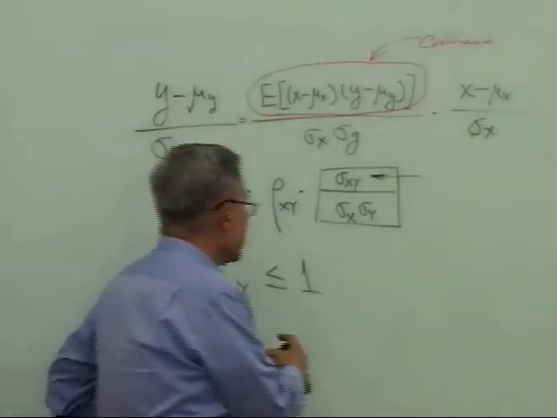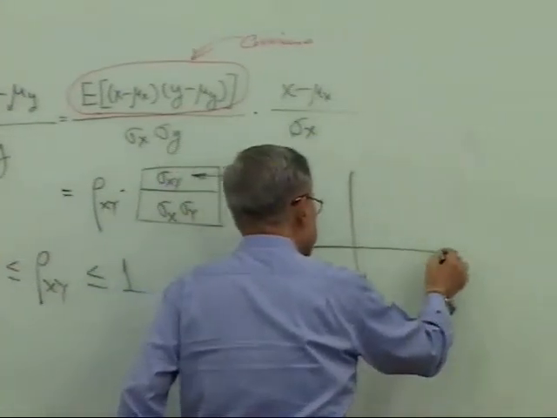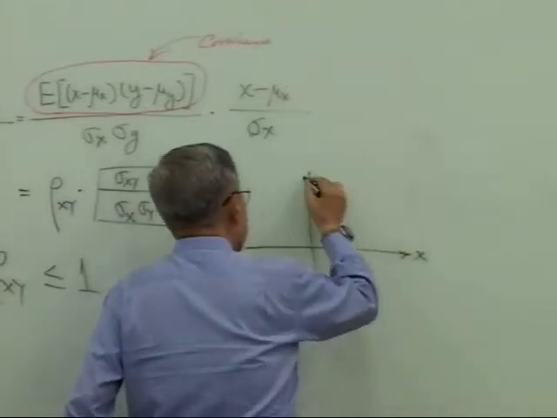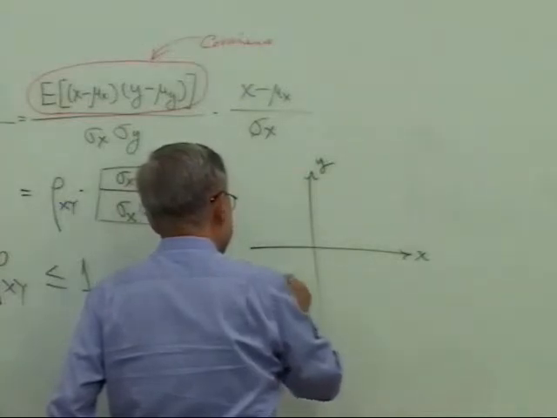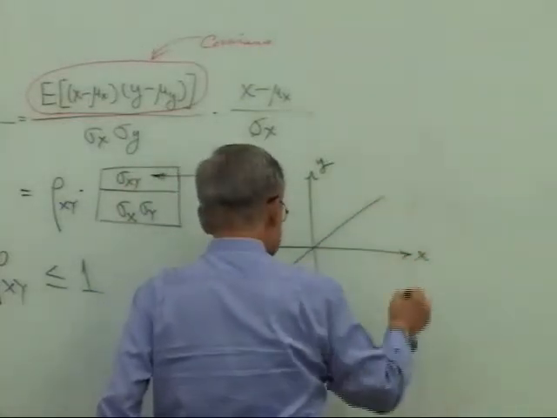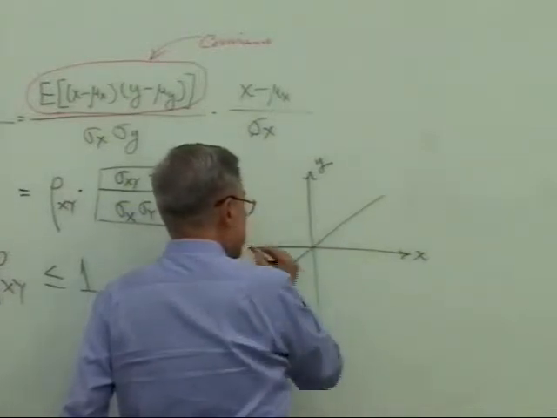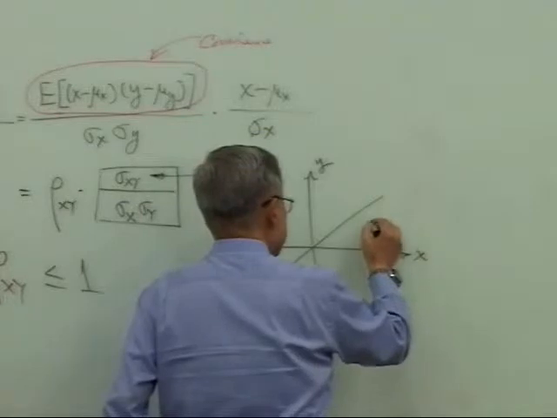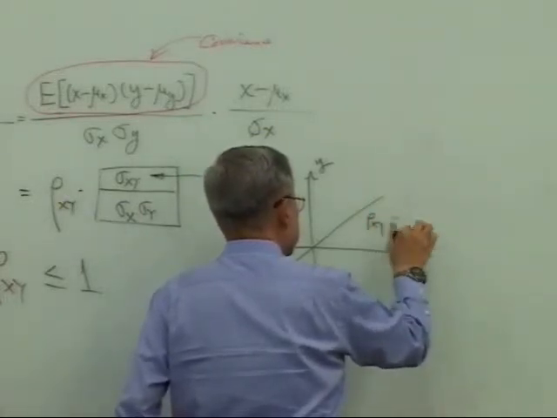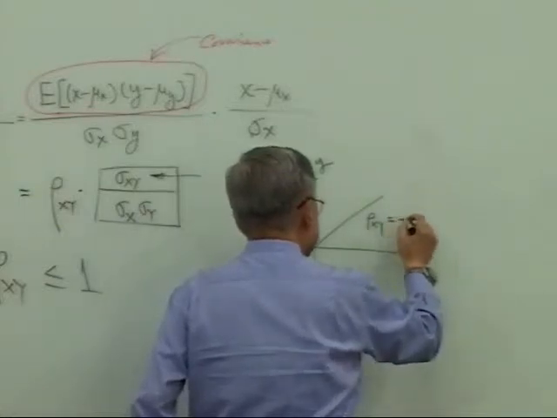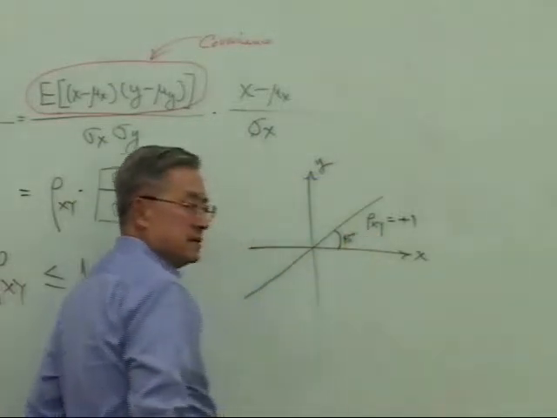So over here, in this xy relationship, x and y, if you have a curve like this, it doesn't have to pass through 0 because this is a generalized situation. Rho xy is, of course, equal to +1 in this case, if this is a 45-degree angle.